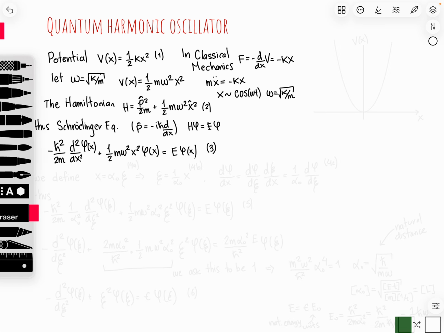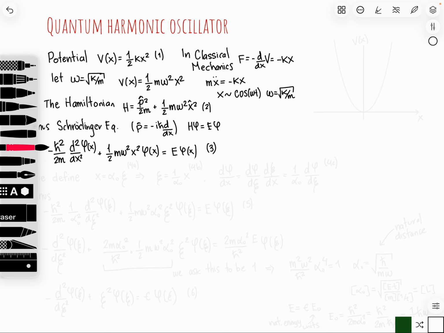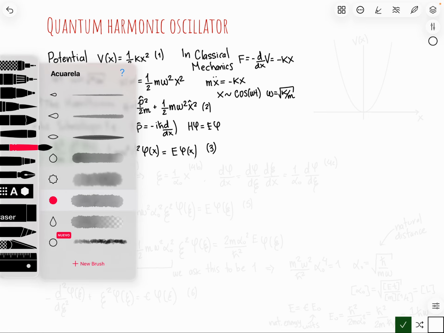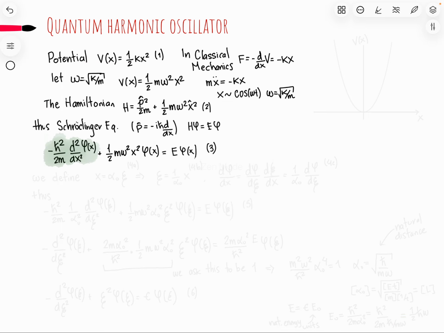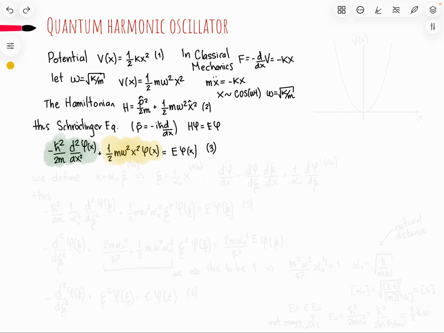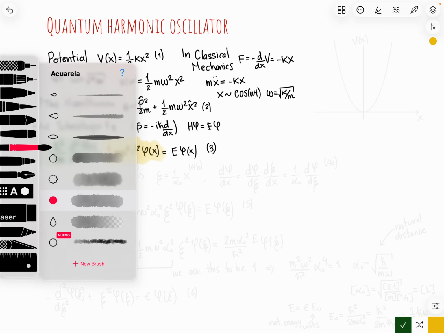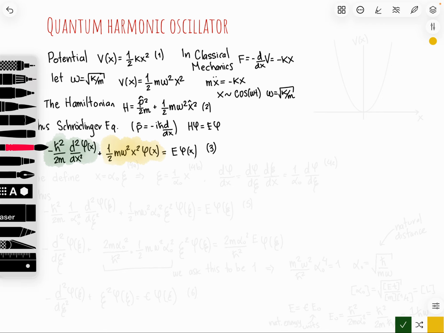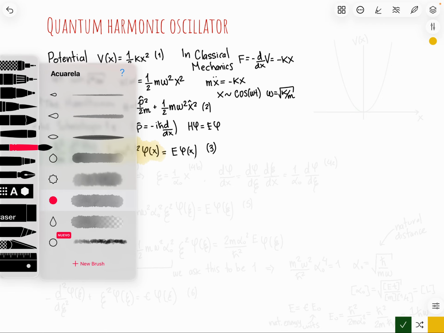The first term is the kinetic energy. The other term, let's put another color, is the potential, you see it here, and finally at the right, you have the energy times the wave function.